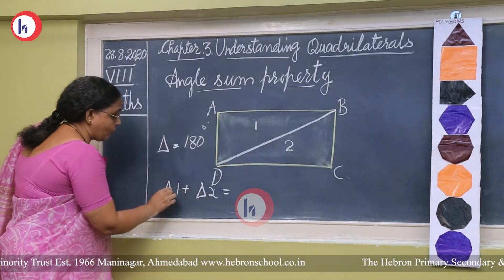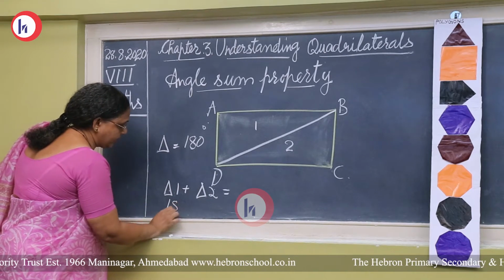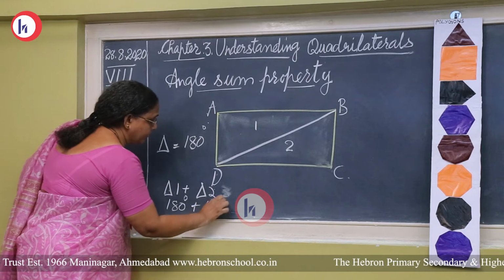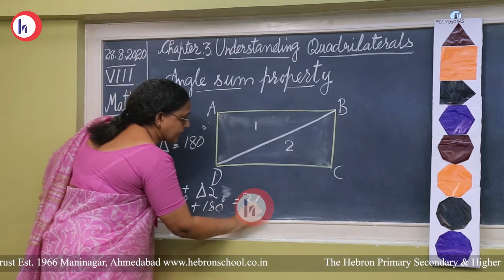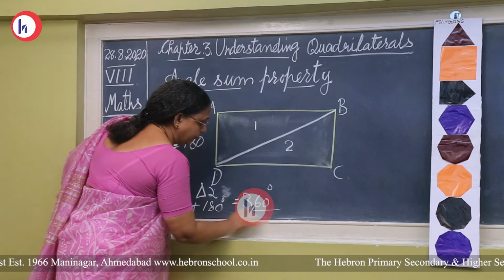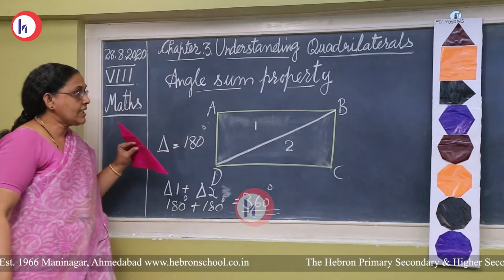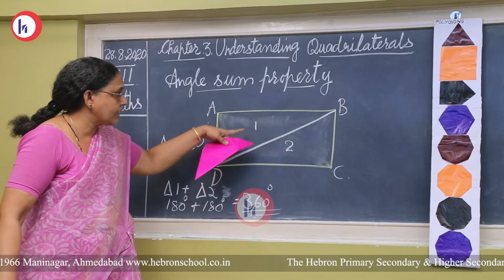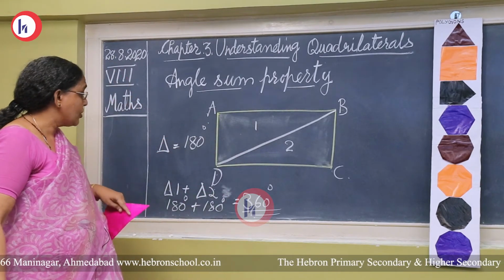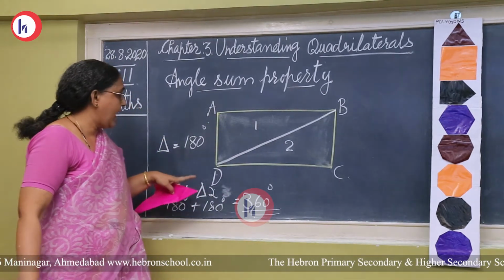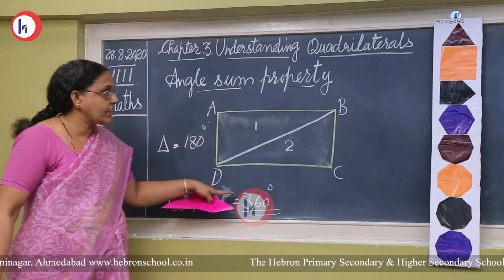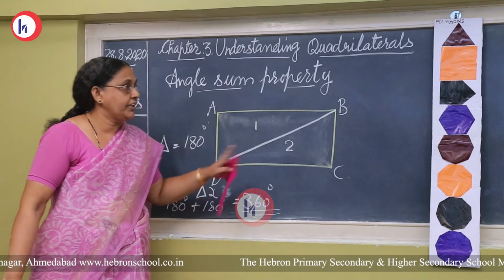Therefore, for 1 and 2, 180 degree plus 180 degree, you will get 360 degree. Now, this is about the quadrilateral which has 4 sides because it contains 2 triangles. So, we can say that the angle sum property of a quadrilateral is 360 degree.